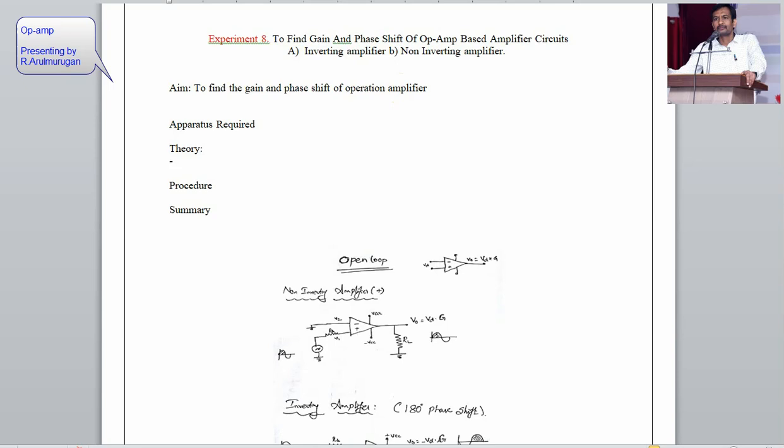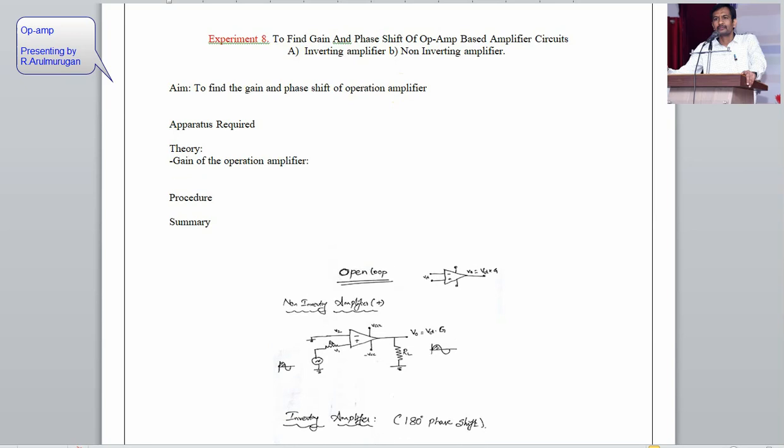One is the gain. How do we find the gain? Consider the gain of the operational amplifier, and look at its output. The output V naught is equal to the differential input multiplied by the gain value. What is the gain value?